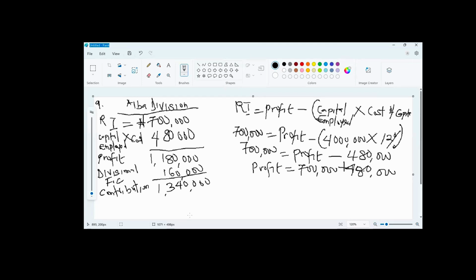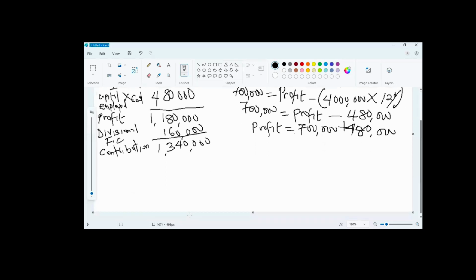Next, our variable costs. What is the variable cost of Alba division? 4 naira 90 kobo per unit.